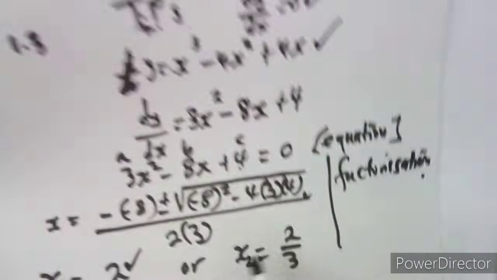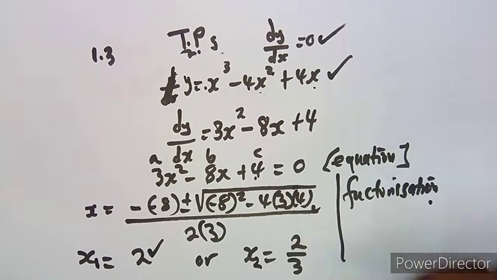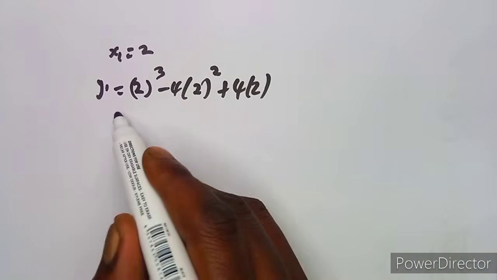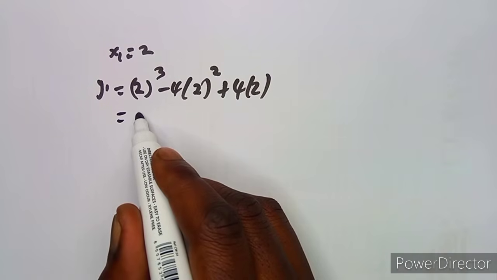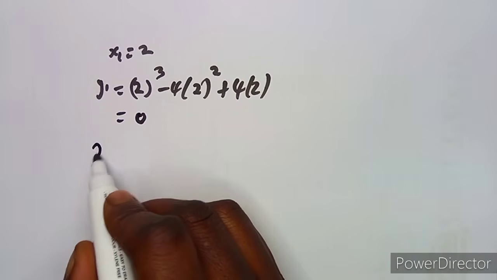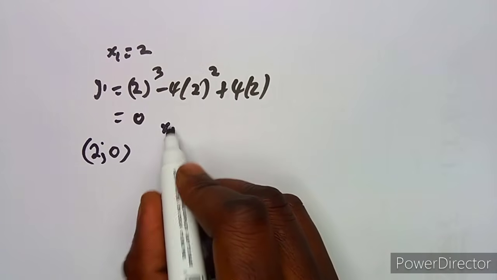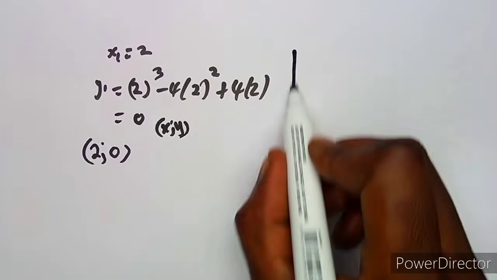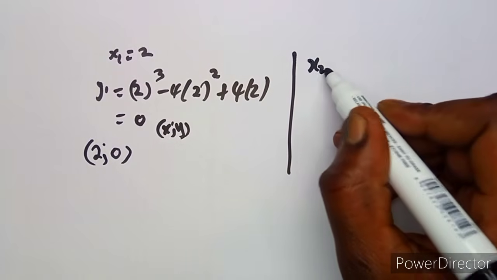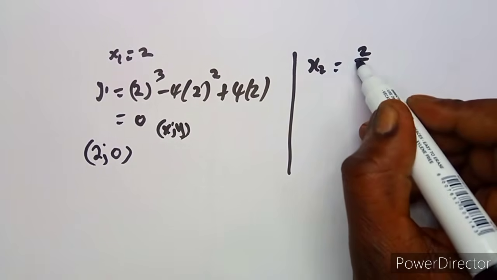You just substitute 2 in place of x. Simplifying this properly, you're going to obtain 0. So that's now the point (2, 0). Remember, a point is written in terms of x and y like that.